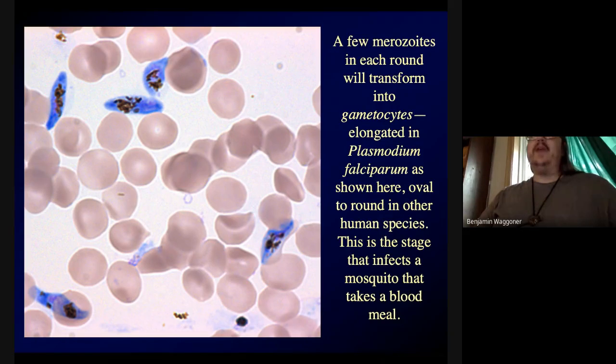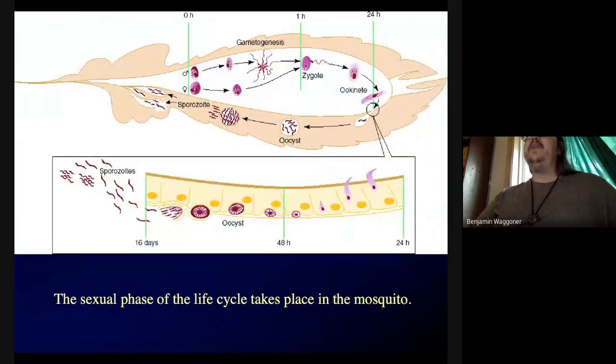So if a mosquito bites an infected person, the gametocytes enter the mosquito's body, and it's within the mosquito that the sexual phase of the life cycle takes place. Mosquitoes are the definitive hosts of Plasmodium, and we'll go through all of these stages and talk you through what happens.